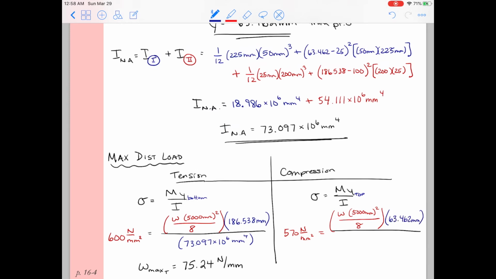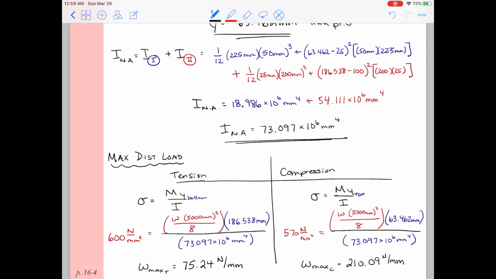M is the same for the beam as well as I. I is always about the neutral axis, and it remains the same for both the tension and the compression side. So running through these calculations, we find that the maximum allowable distributed load for compression calculates to be 210.09 newtons per millimeter.